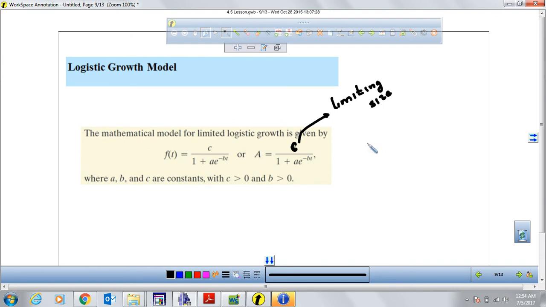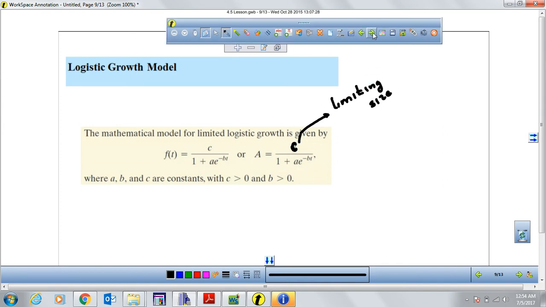So if we're talking about population, then that C on the top will represent the maximum population of that community, or whatever it is that the problem is about. Okay, that's what the limiting size means. Now the A represents the future amount as usual, and the B represents the rate, and the T is the time, so that doesn't change. That A does not have a meaning on the formula. It's just part of the formula on the logistic growth models.